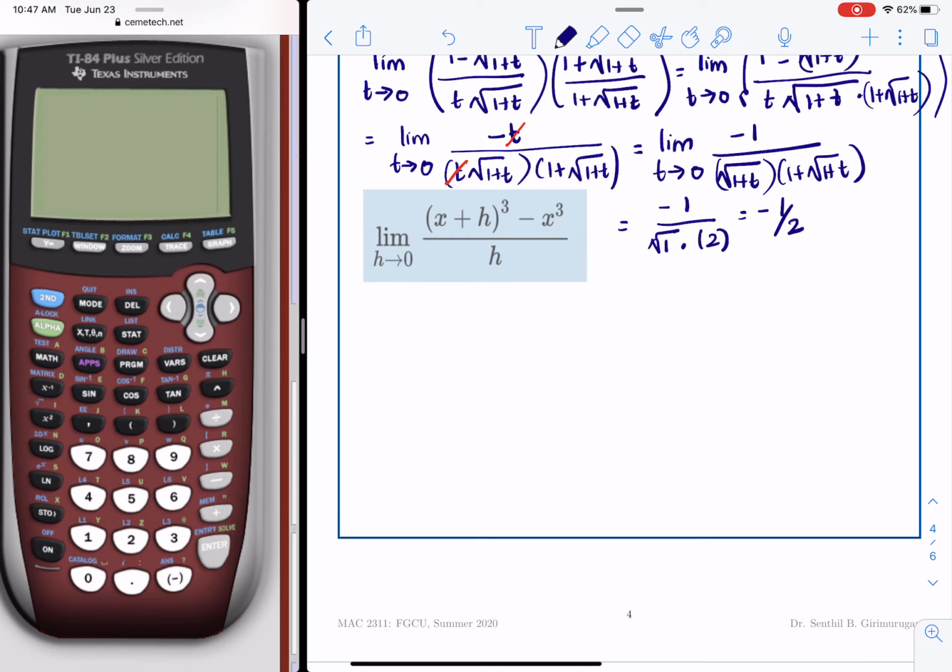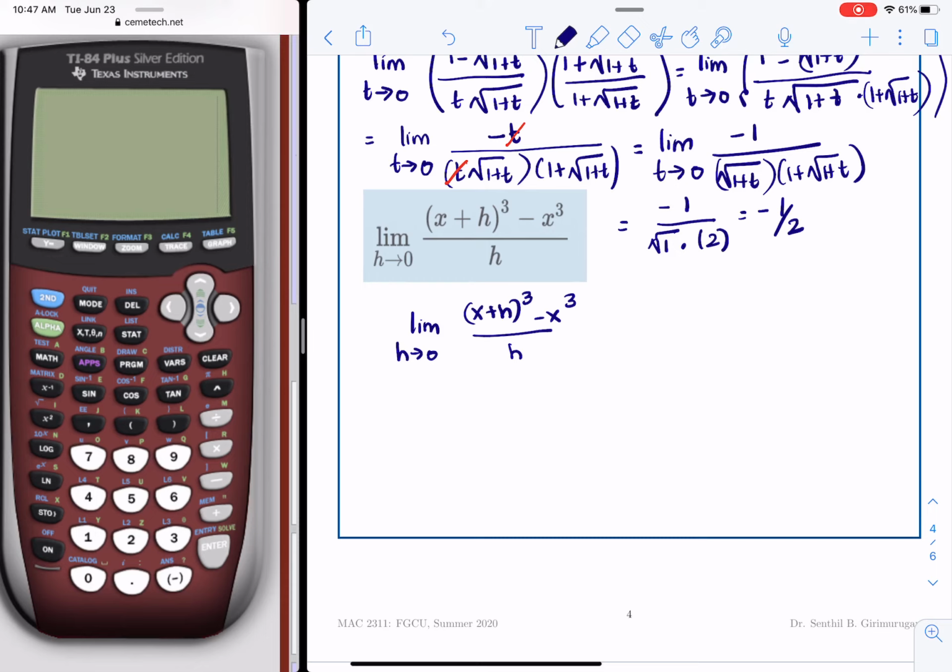So we want to apply the limit h approaches 0, x plus h cubed minus x cubed over h. If you apply the limit directly, you will get 0 over 0.